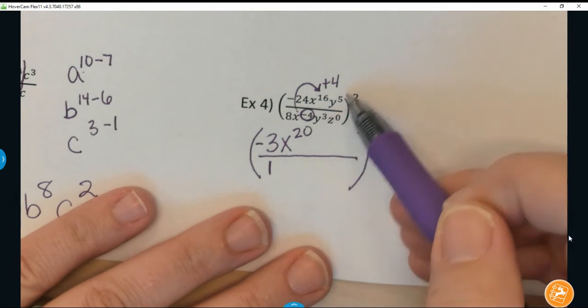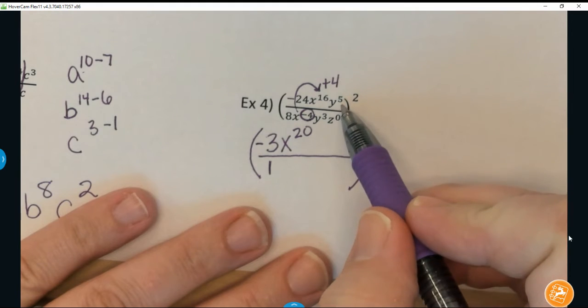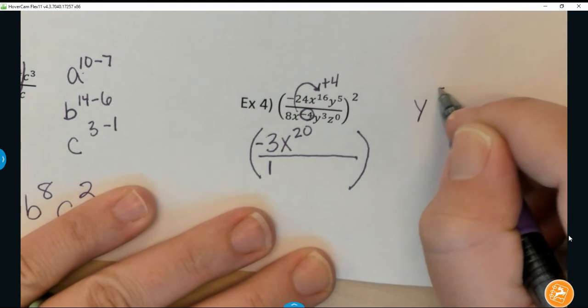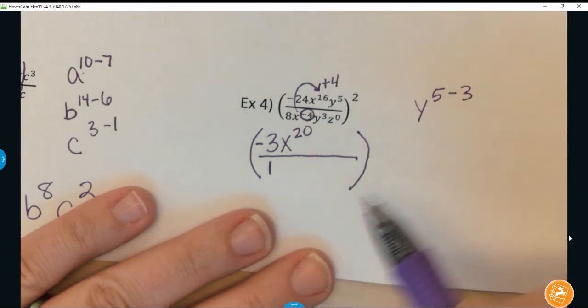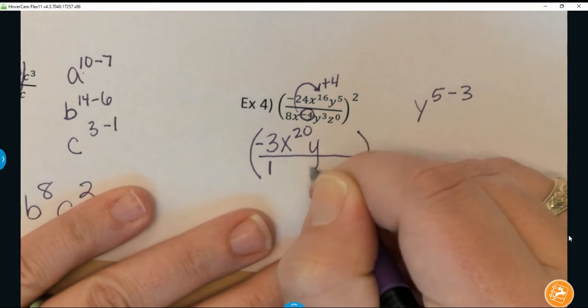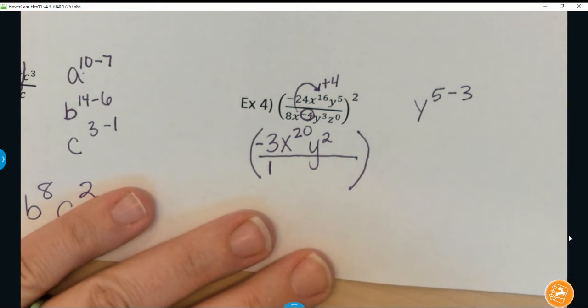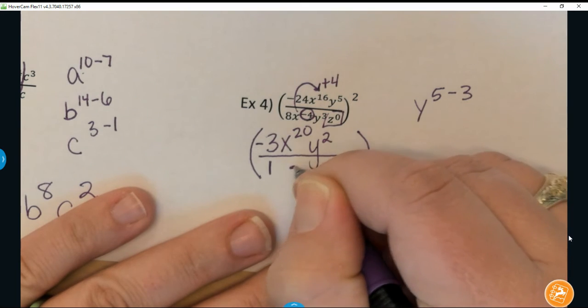I have y's. Now my y's are going to be the traditional quotient of powers rule because they're both positive. So I have y to the 5th power and I have y to the 3rd power. So I'm going to do y 5 minus 3. That's going to give me y squared. And then z to the 0 power, that's just 1.